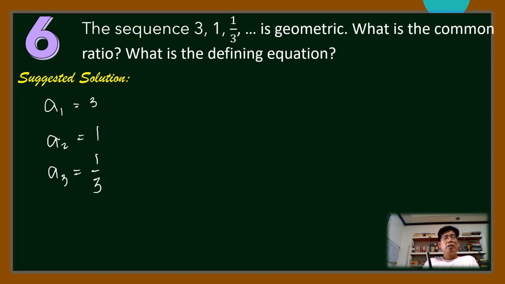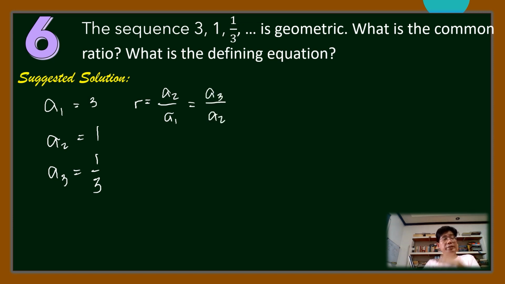Since this is a geometric sequence, we can solve for the common ratio by getting the quotient between two consecutive terms, that is a sub 2 over a sub 1, and we can verify this by looking at the quotient between a sub 3 and a sub 2.